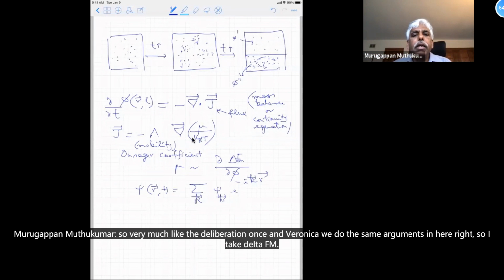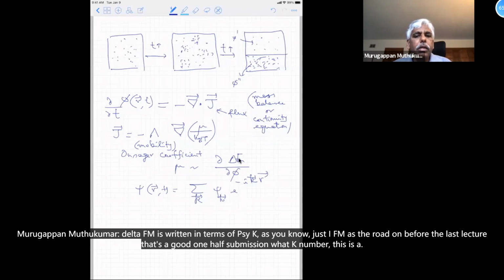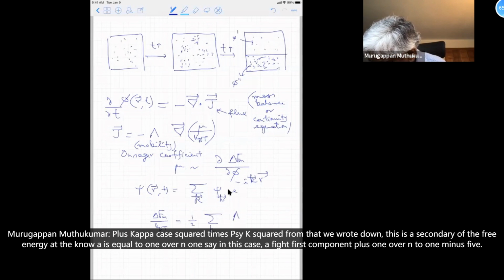So I take delta Fm. Delta Fm is written in terms of psi k, as we wrote down in the last lecture, equal to 1/2 summation over k of (A plus kappa k squared) times psi k squared. Remember that we wrote down.